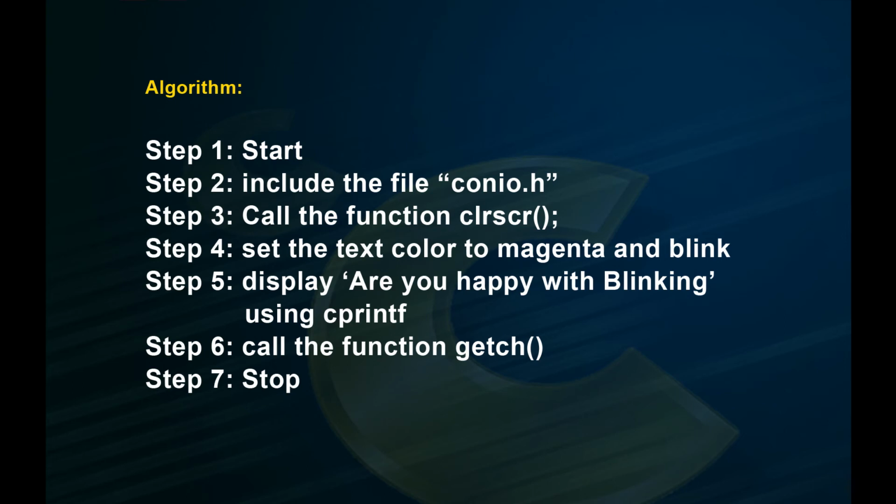Step 4, set the text color to magenta and blink. Step 5, display "Are you happy with blinking" using cprintf, and step 6, call the function getch, and step 7, stop.